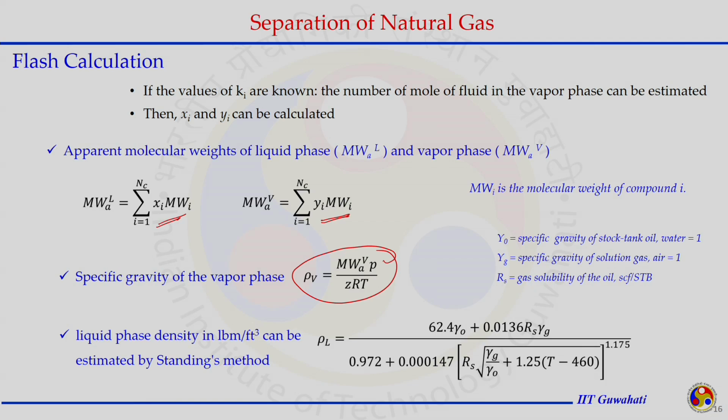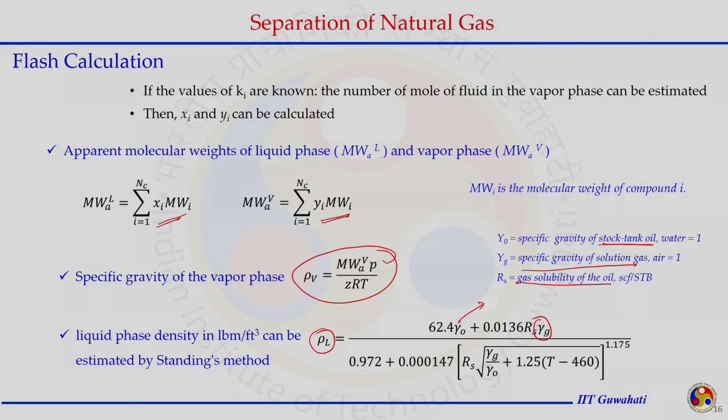For the liquid phase, we are provided one expression by Standing, and that says you have to account for the oil or the liquid that is separated out: what is the specific gravity of that, what is the specific gravity of the solution gas, meaning the compounds that remain in the liquid phase, as well as the gas solubility of the oil, meaning how much gas is still present in the oil phase or the liquid phase. If these parameters are known, we can calculate rho_L.